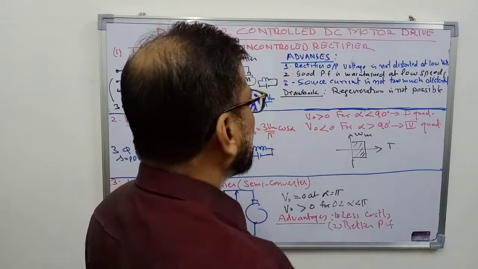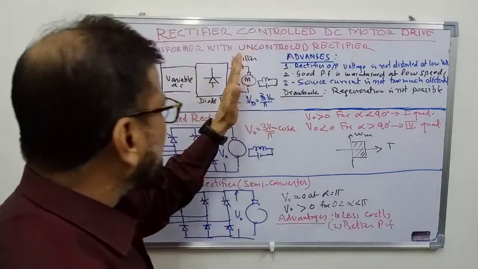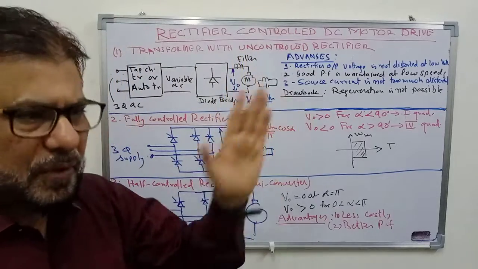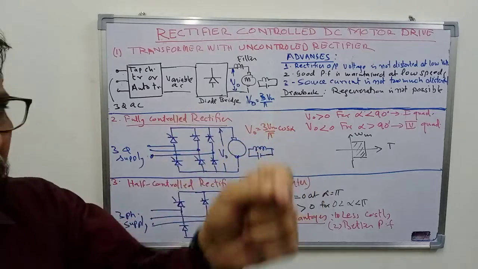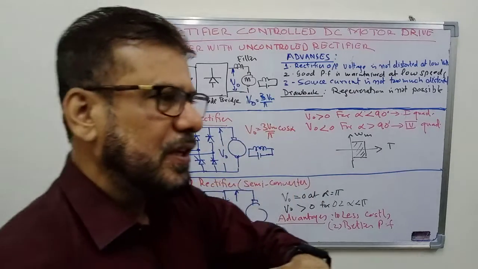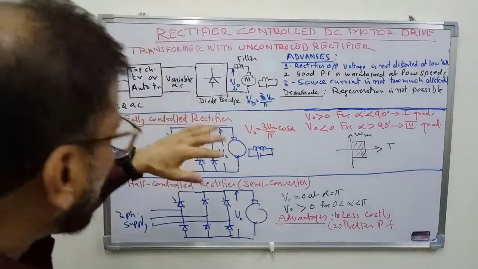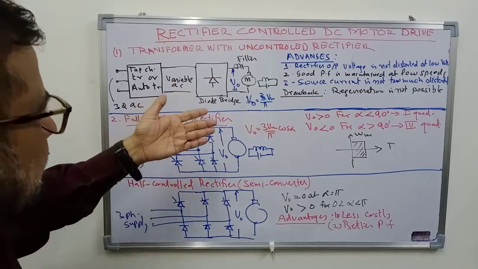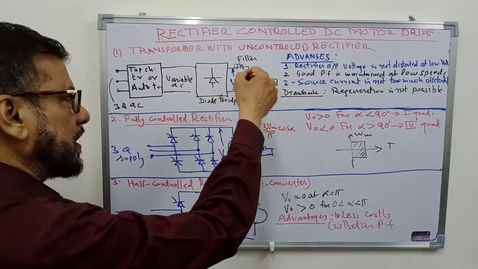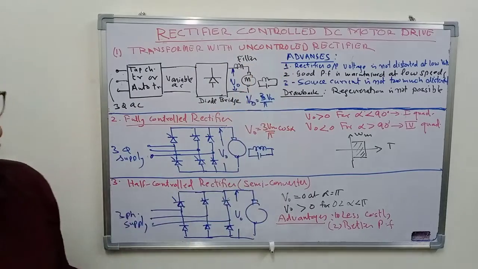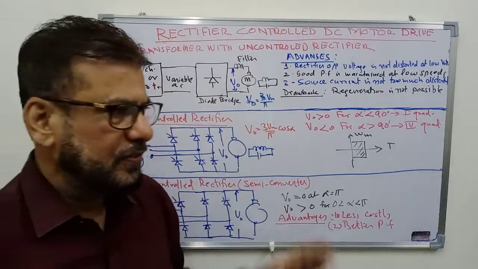The advantage here is that the rectifier output voltage will have a similar waveform at all the voltages. The output voltage waveform is somewhat like this. It remains constant. Whatever the voltage value here, the wave shape remains the same. So the DC motor gets an identical supply at all the voltages.